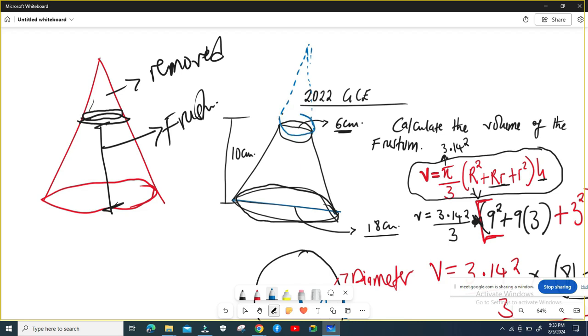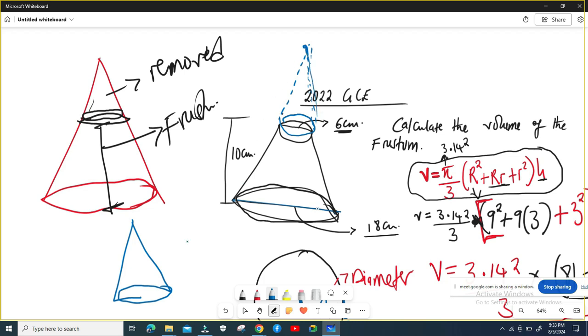If I extend, method 2 is saying that to find the volume of a Frustum, we first need to know the volume of the entire cone, from here up to the top.